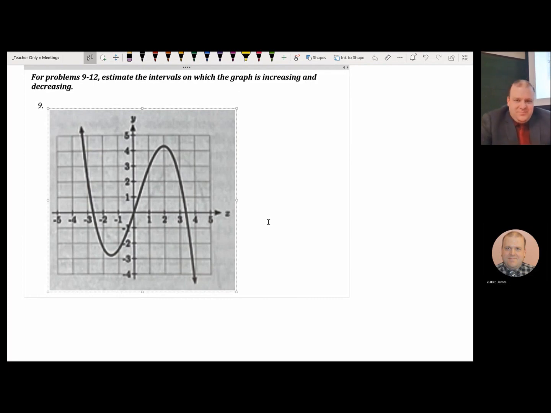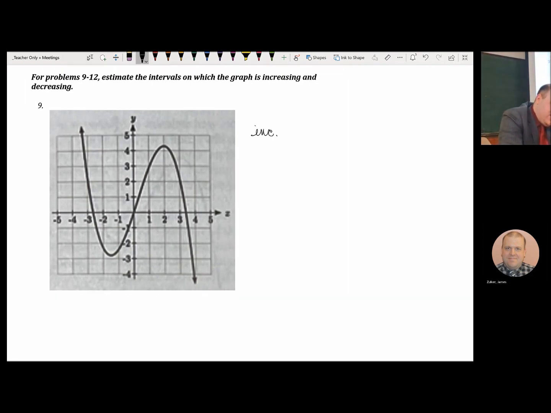Now, let's start with increasing. Increasing over, right? So we want intervals where it is increasing.